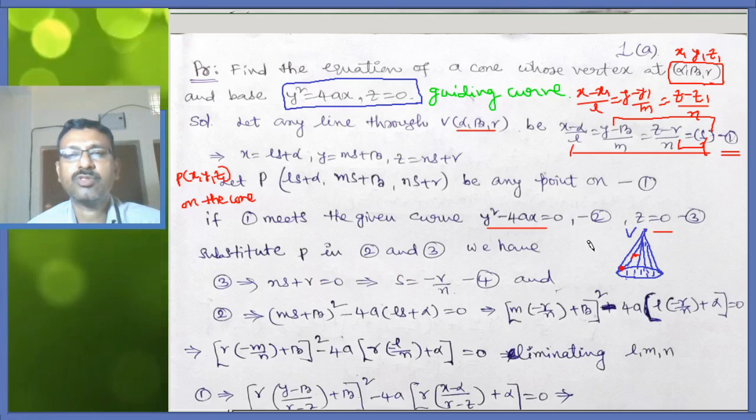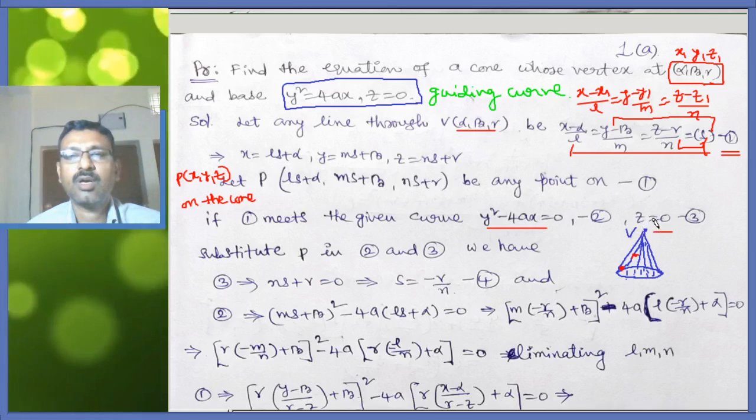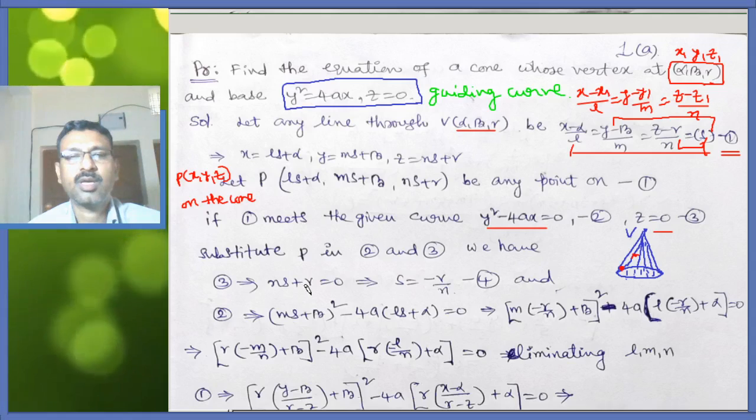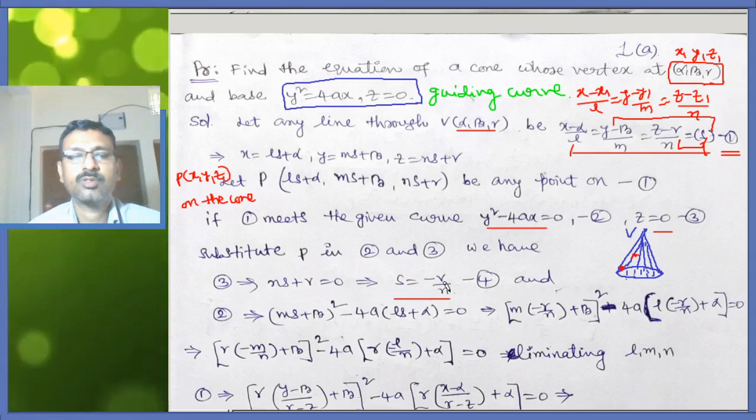Substituting the point in z equal to 0, we get ns plus gamma equal to 0, then s equal to minus gamma by n. Here we have the s value in terms of gamma and n.